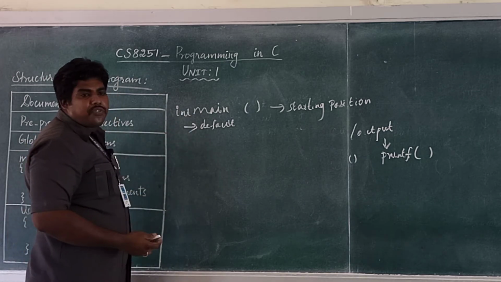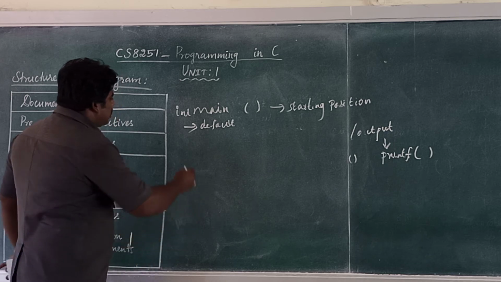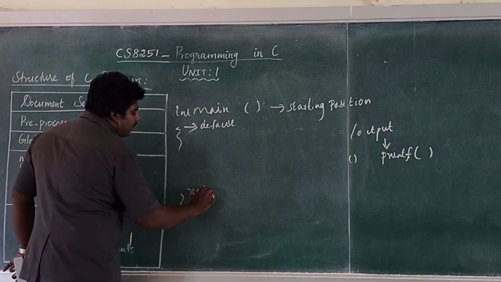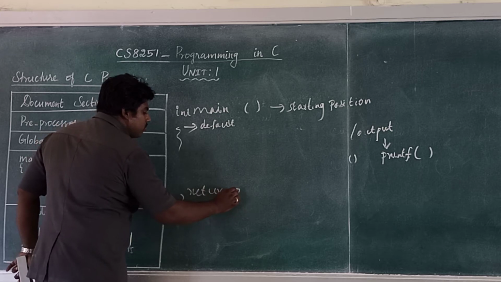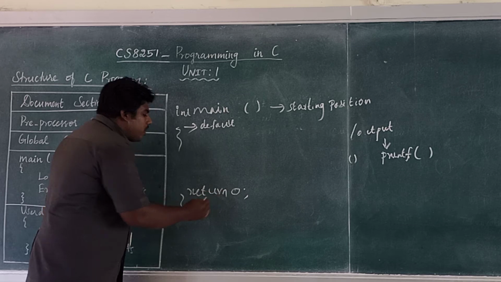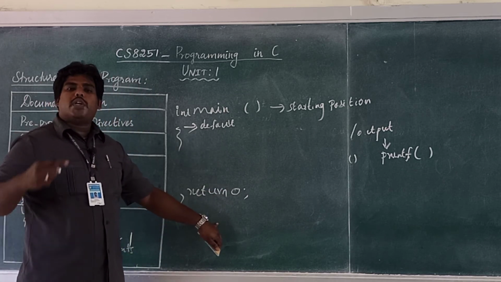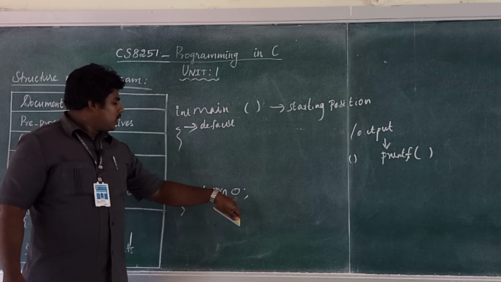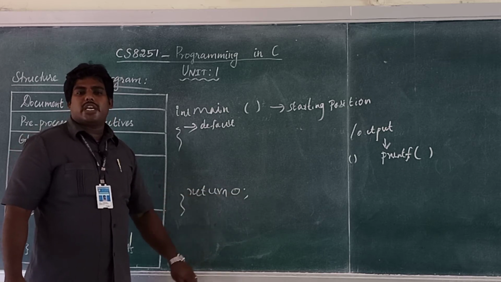The default data type of main is int. As the default data type is int, at the end of the main you have to specify return 0. You need not put 0 alone, you can put any integer number. Then why are you specifically putting 0 here?